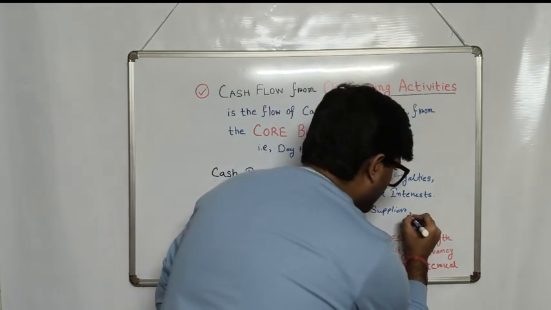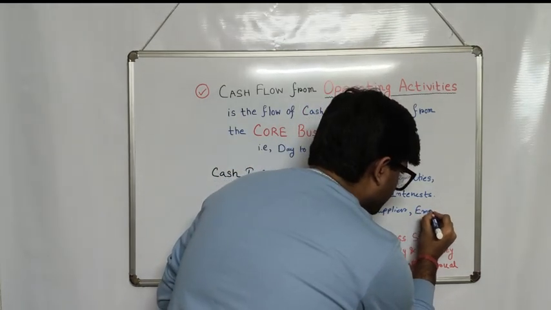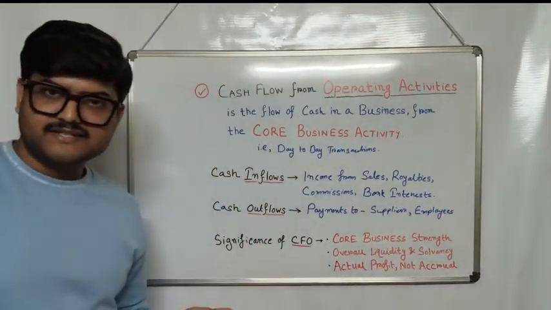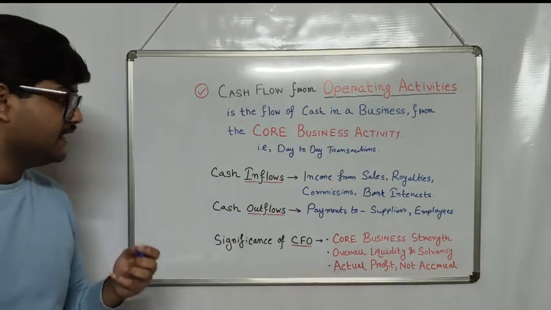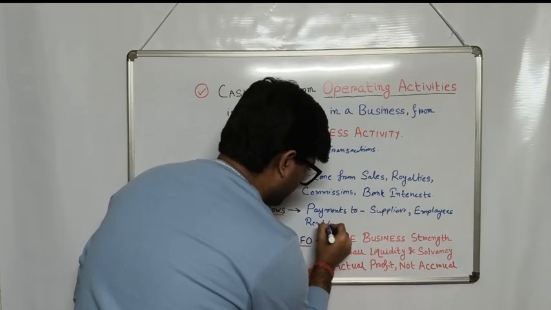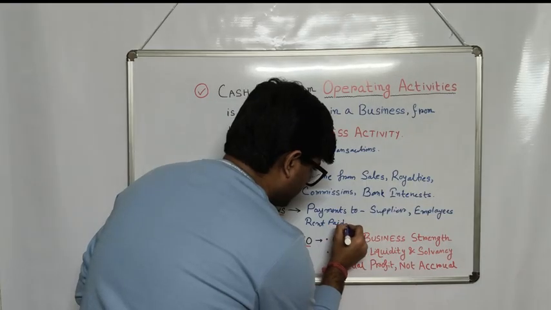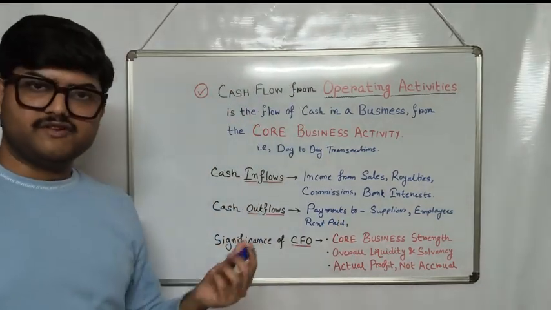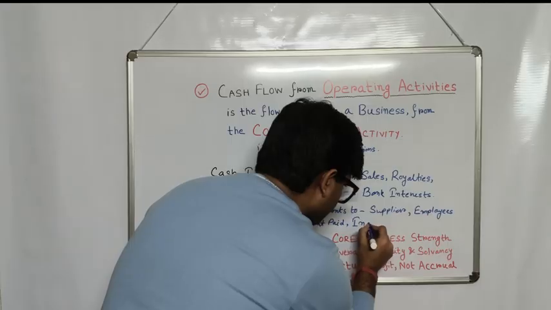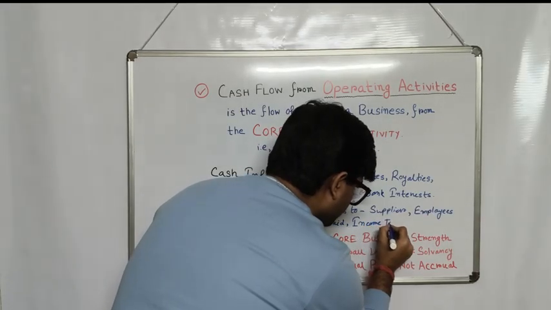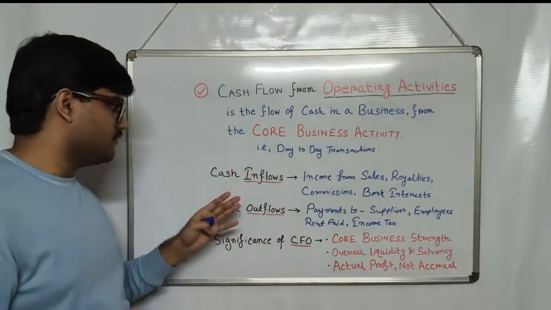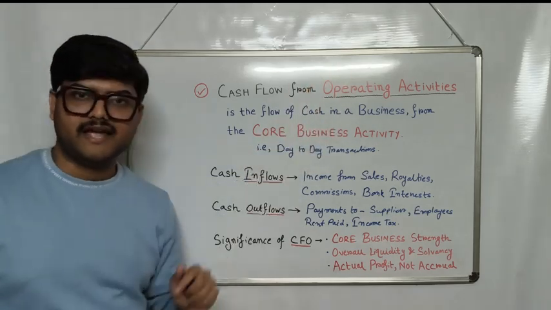Again, to the employees, you have to pay the salaries and wages. Again, rent paid, the rent that you are paying regularly every month. Okay, income tax paid. So these are the examples of inflows and outflows that are part of operating activities.